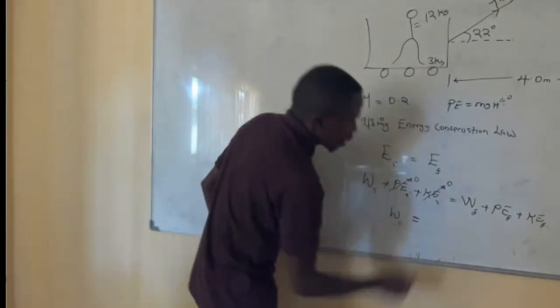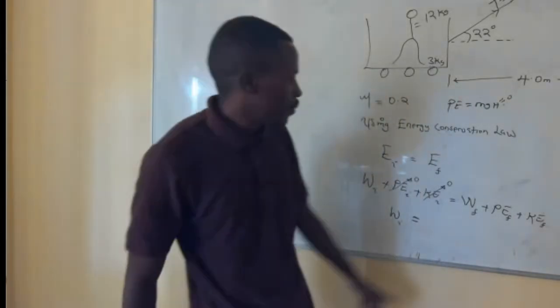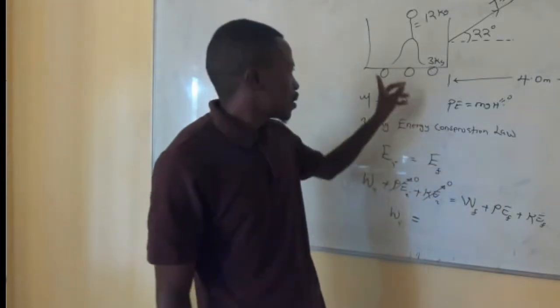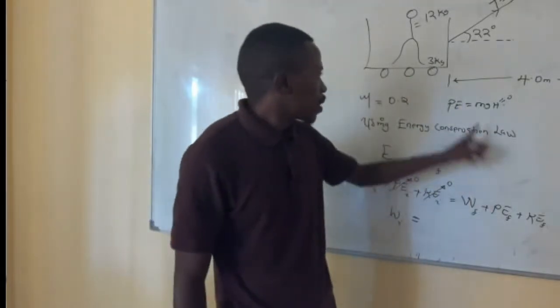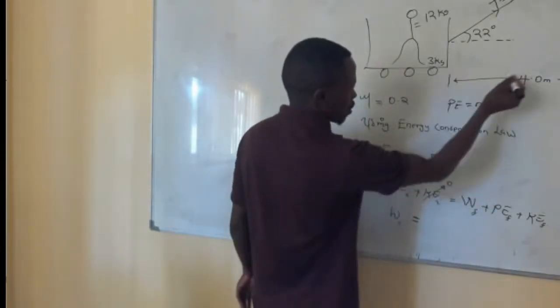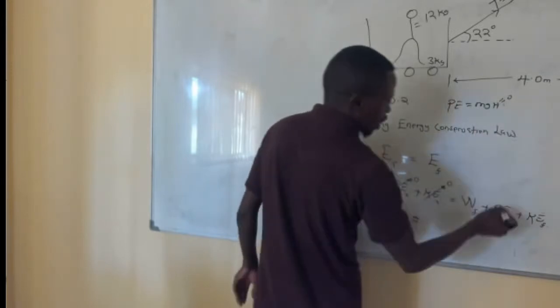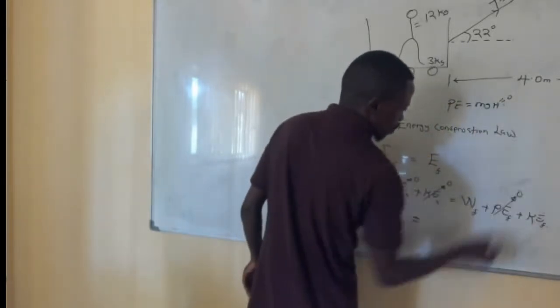On the right hand side, since this thing is still moving on the horizontal, the potential energy is also 0 because the height is 0.